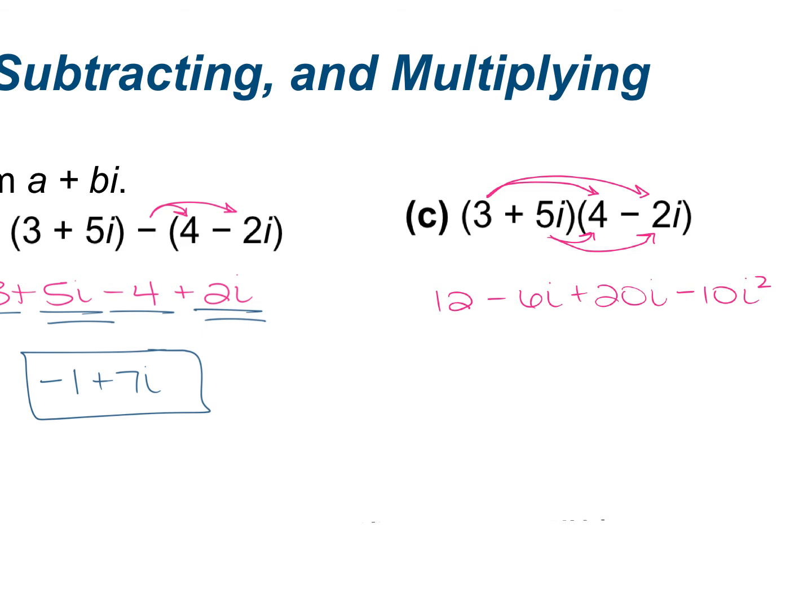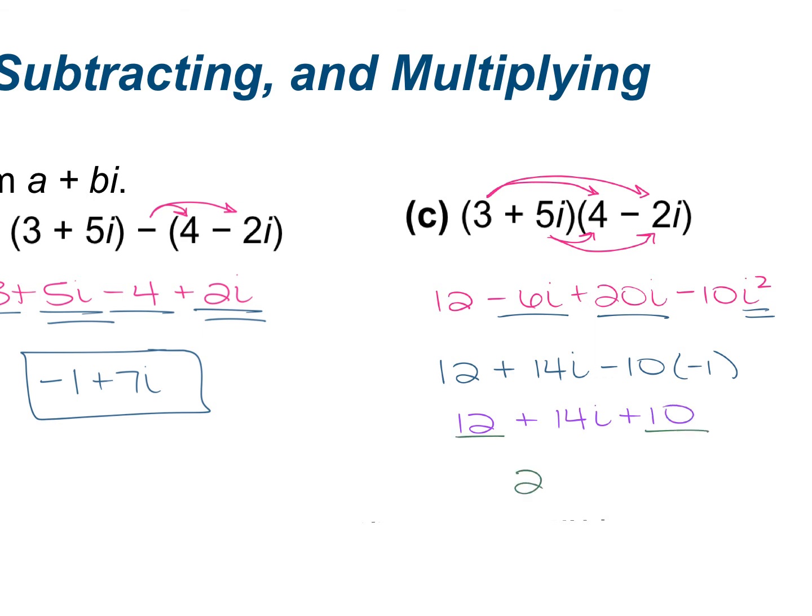That i squared, we said, is -1. We also can combine like terms to give us 12 + 14i - 10 times -1. That -10 times -1 turns into positive 10. So that's 12 + 14i + 10. We combine like terms with the 12 and the 10 to give us 22 + 14i.